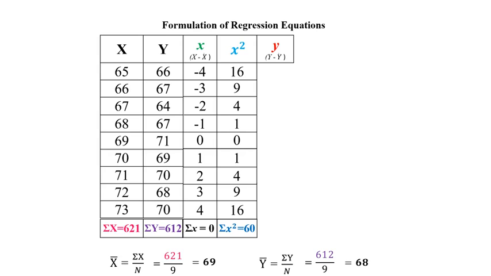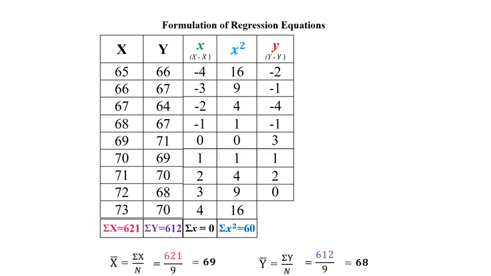Then find out small y, that is y minus y bar. 66 minus 68, minus 2. 67 minus 68, minus 1. 64 minus 68, minus 4. 67 minus 68, minus 1. 71 minus 68, plus 3. 69 minus 68, plus 1. 70 minus 68, 2. 68 minus 68, 0. 70 minus 68, plus 2.